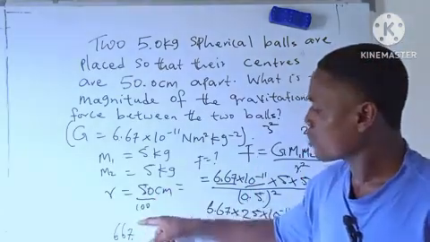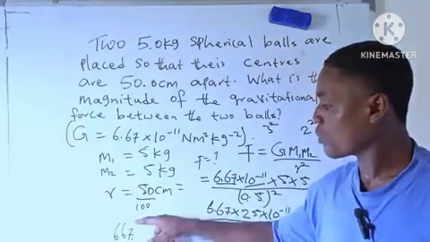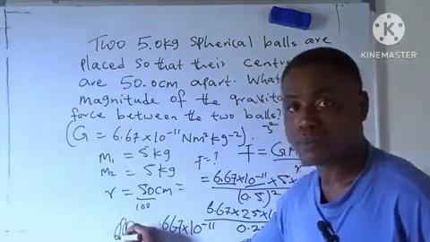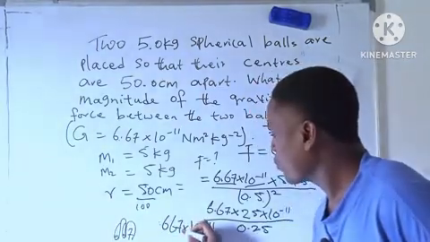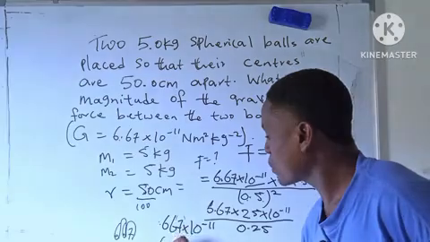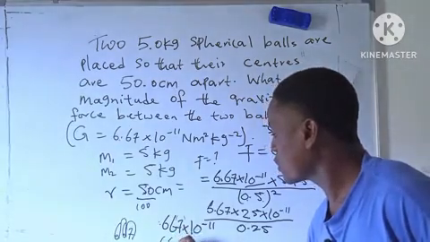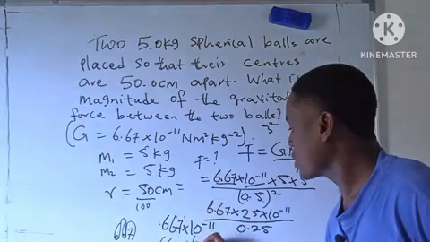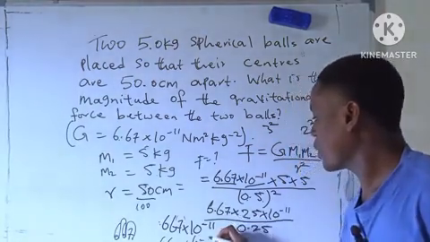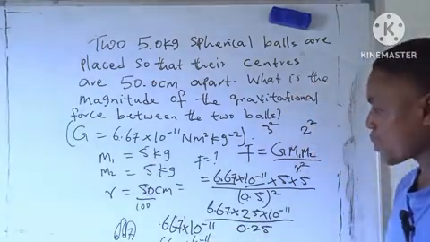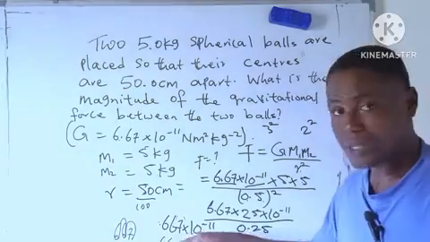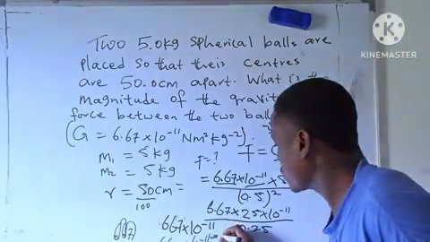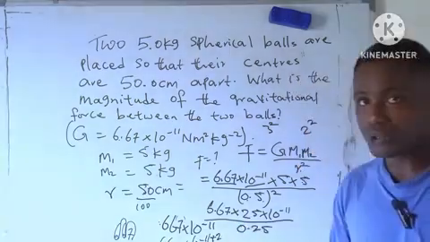You move this decimal point backward, one, then two. So if you move this point one, two, it will now be 6.67 times 10 raised to minus 11. We moved two times backward, one, two, so you will now plus two.